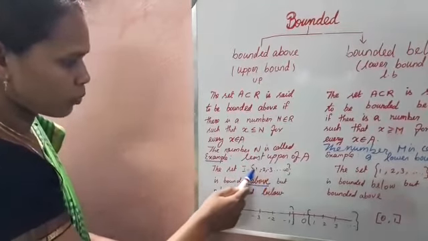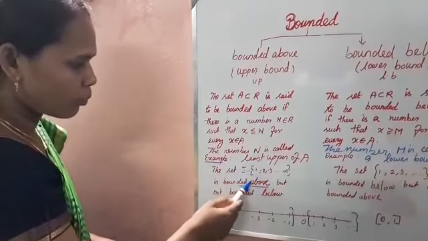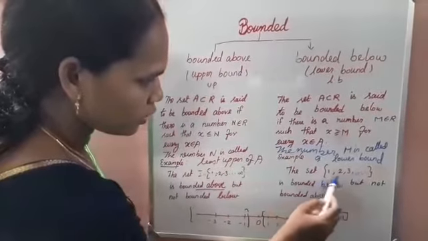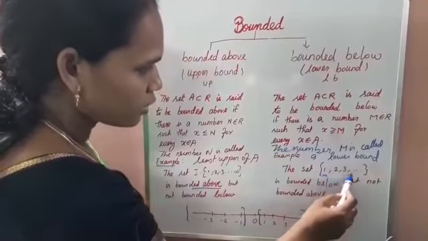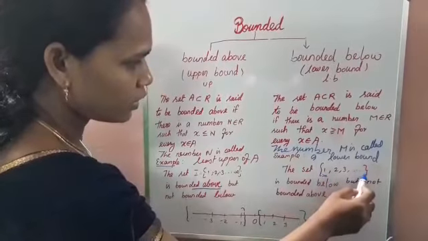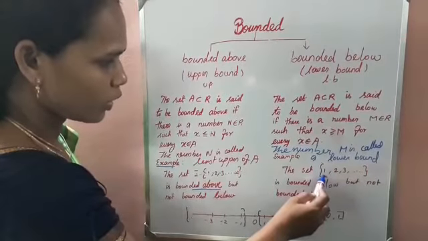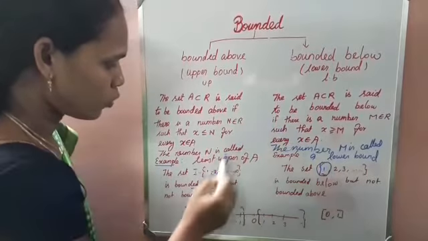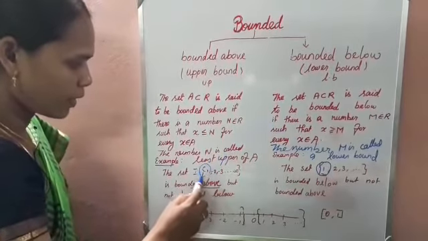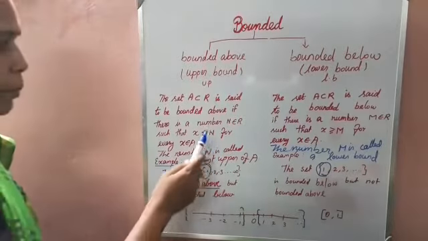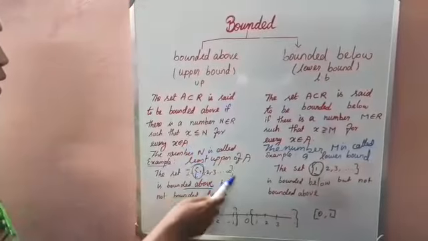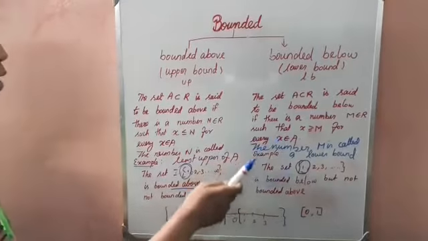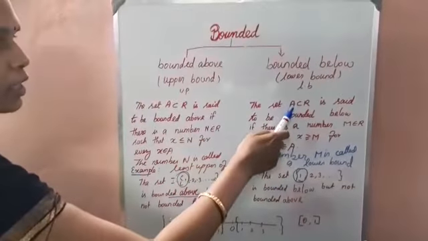The upper bound is -1. For the positive integers, the minimum value is 1 and there is no maximum value, so it is bounded below, and the lower bound is 1. Note that the numbers n and m are not necessarily in the set A.